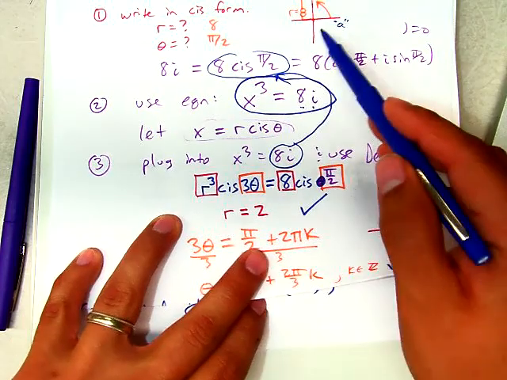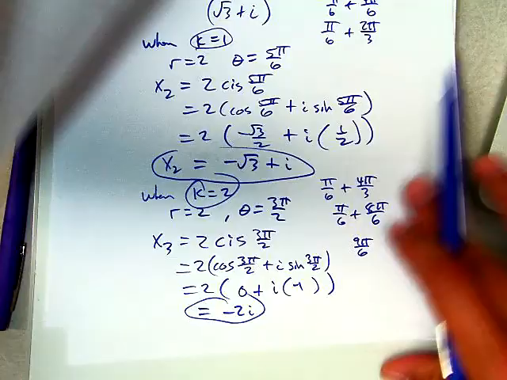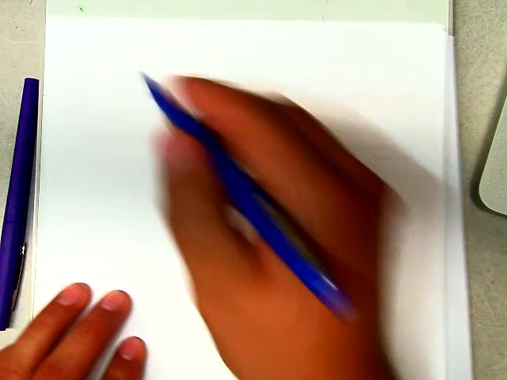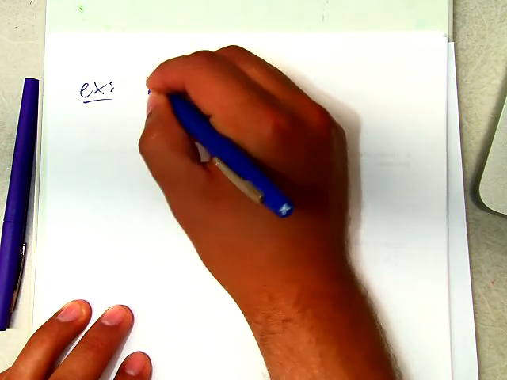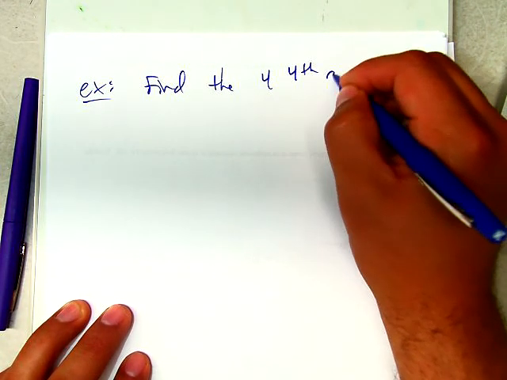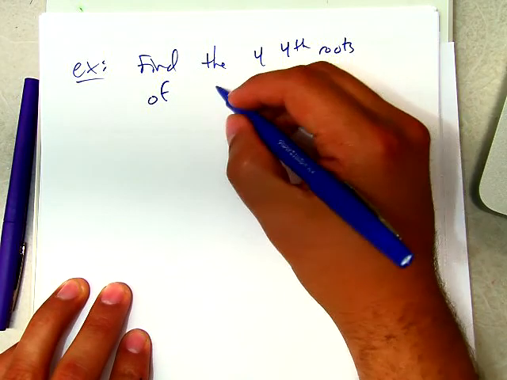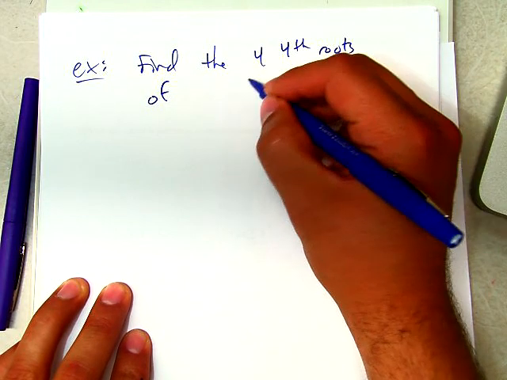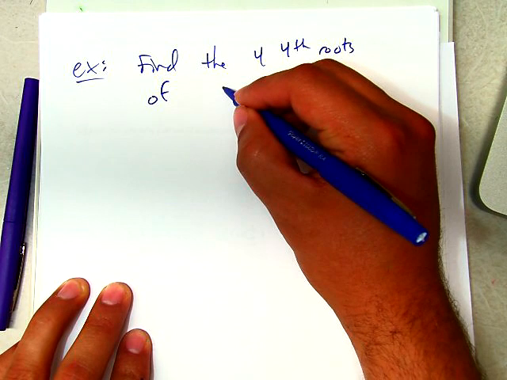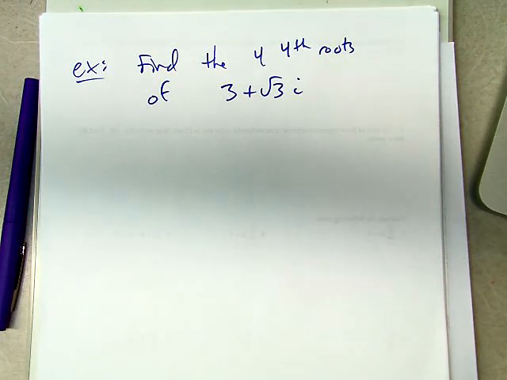Now, so this is a nice example because we just knew by looking at it what the radius and angle were. If for some reason, and I'm not going to do the whole thing, but just so you guys can get an idea of how to start. If we wanted to, let's say, find the fourth roots of, I don't know, 3 plus root 3i, let's say.